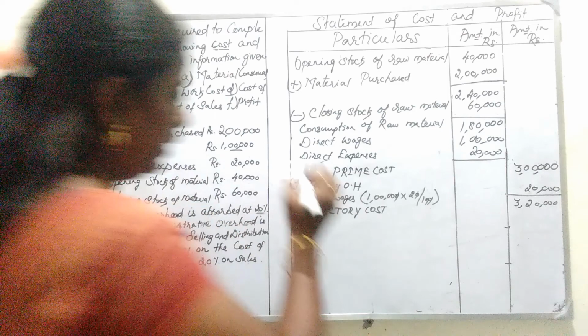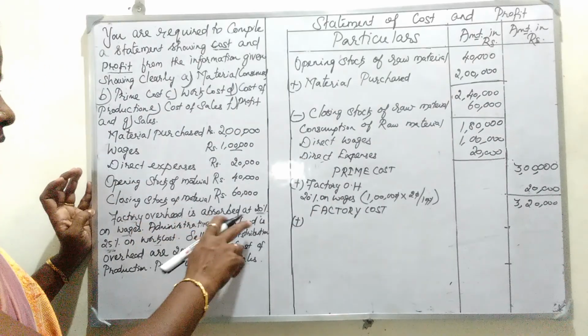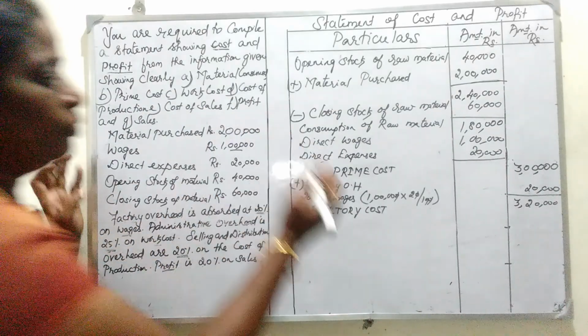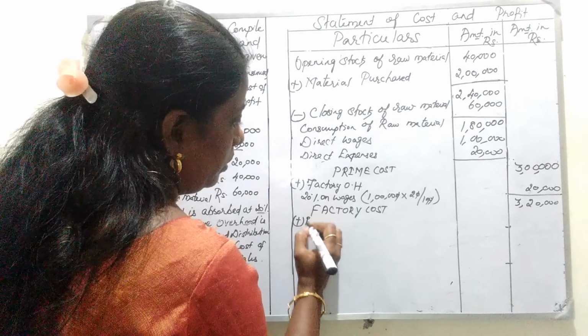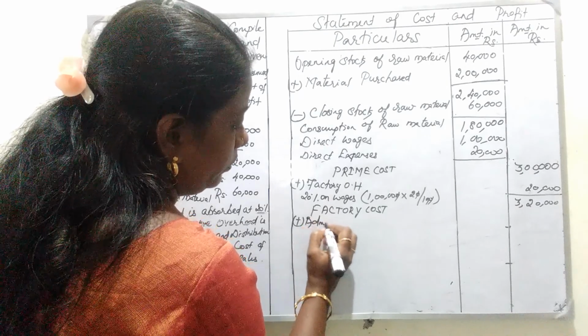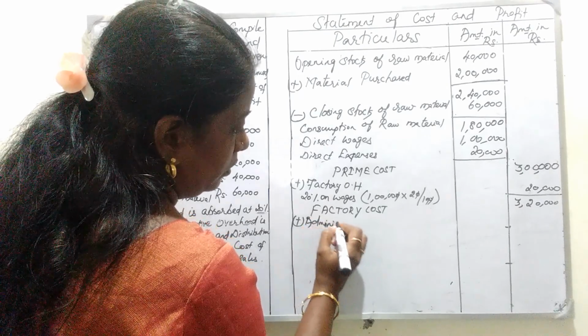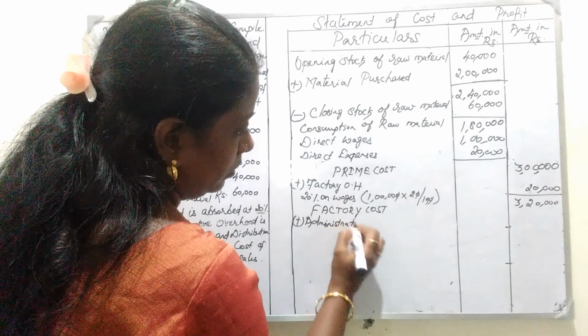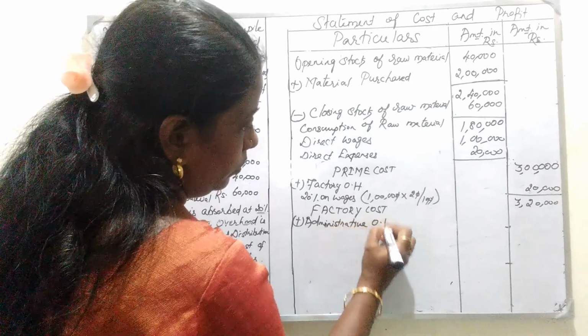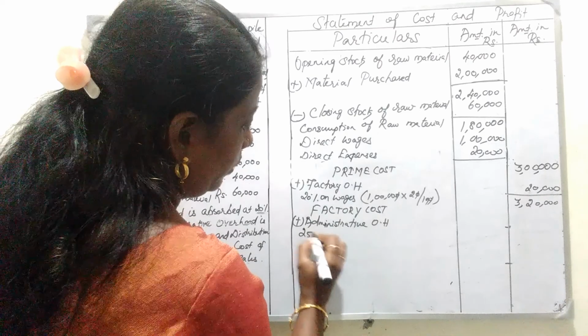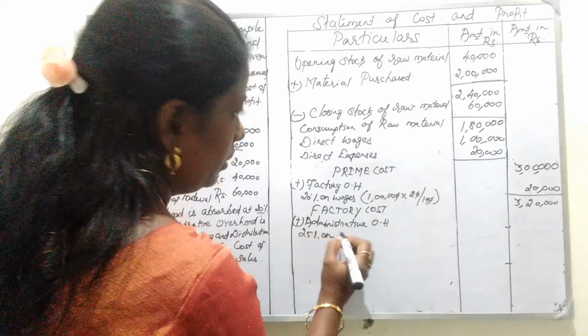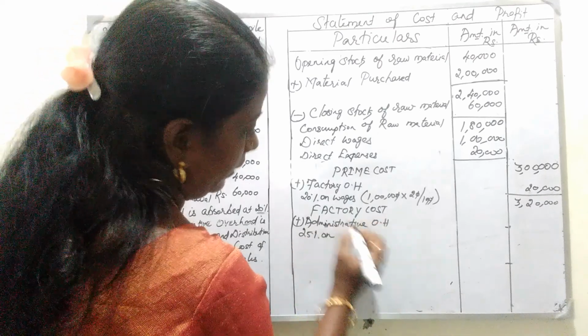Then we have to add the administrative overhead, 25% on work cost, that is factory cost.